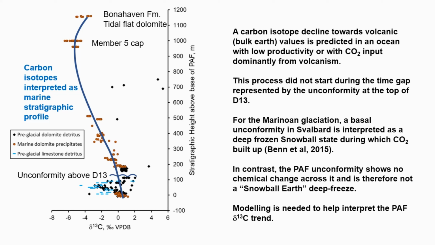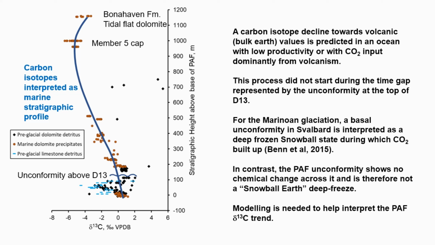There we had a series of lines of evidence to suggest that there had been a snowball Earth unconformity. But here, the Port Askaig Formation unconformity shows no chemical change across it, and so we do not believe that there is any evidence for a snowball Earth deep freeze.